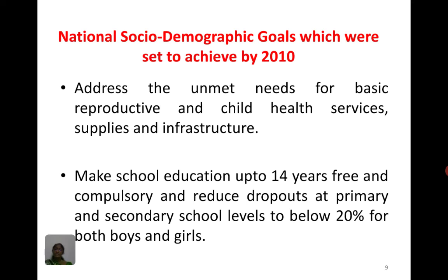Hence, they may make their daughters discontinue their studies, shoulder them with household responsibilities, or send them for some kind of petty jobs. So, in order to prevent all that, especially to reduce dropout rates at primary and secondary school levels to below 20% for both boys and girls, the goals were set.